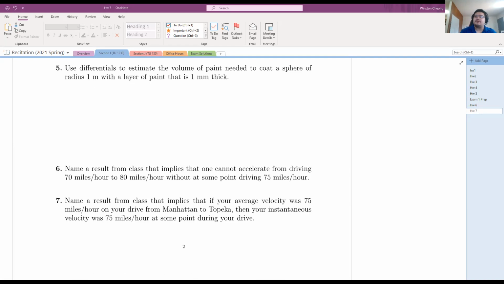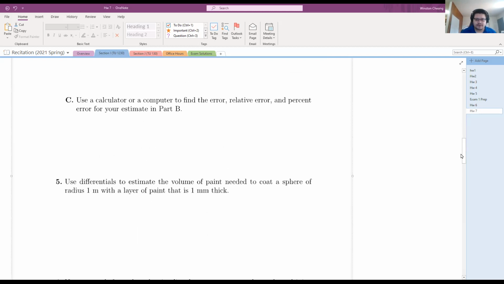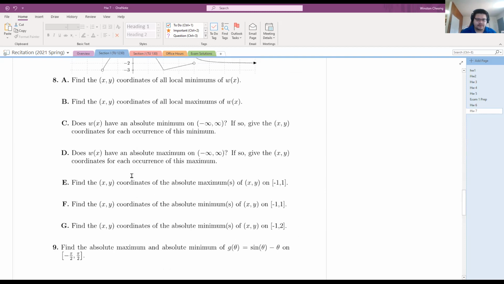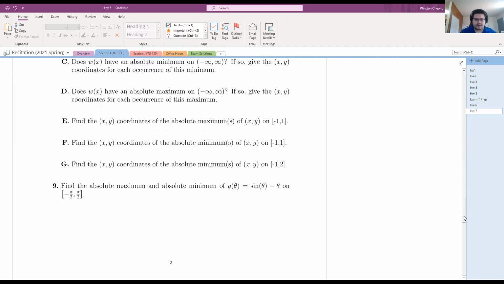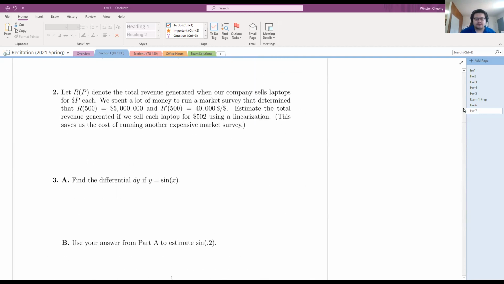I guess that he split the notes into 2 different sets of slides. So we'll be doing the information that pertains to 10-8, which is linear approximation and differentials. And then next time we'll do the stuff involving local min, local max, and absolute max on a closed interval.